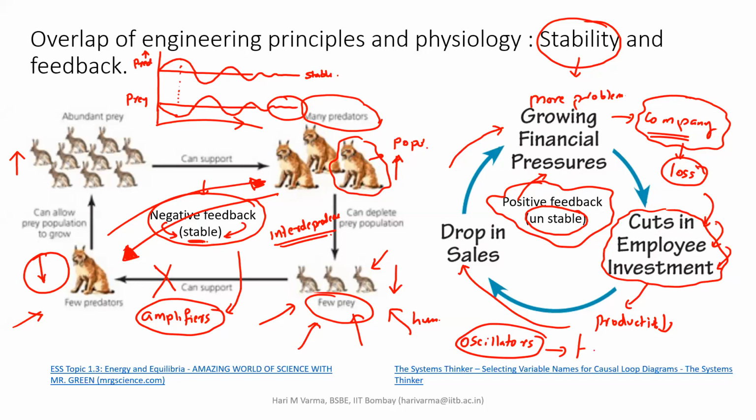It generates sine waves, square waves, triangular waves, whatever. These oscillators are essential, you know that. Otherwise, your telephone communication system, mobile, nothing will work. There won't be any television, there won't be any broadcasting, nothing. So oscillators are the heart of all these communication systems.